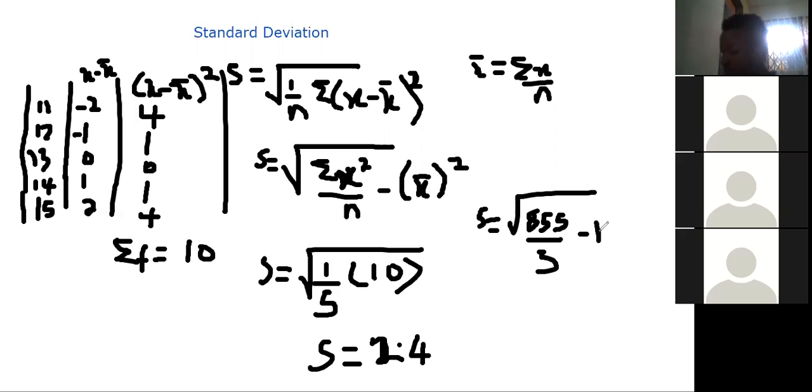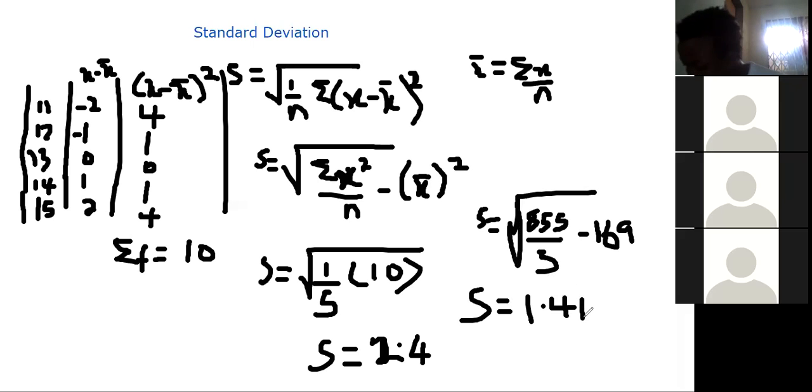What is 13 squared, please? 169. Yes. So you do it. Use your calculator. You should get the same answer. You still get 1.4. Correct. So any of the formulas you use, you should get the same answer.